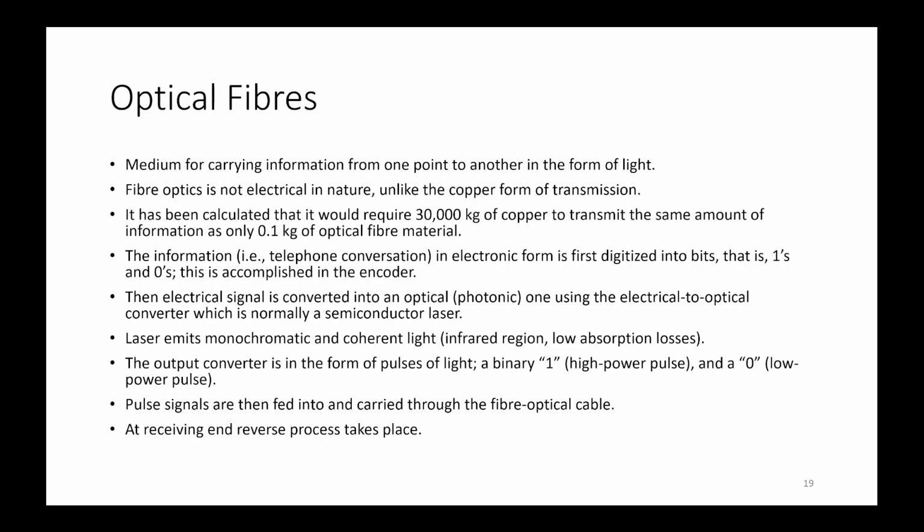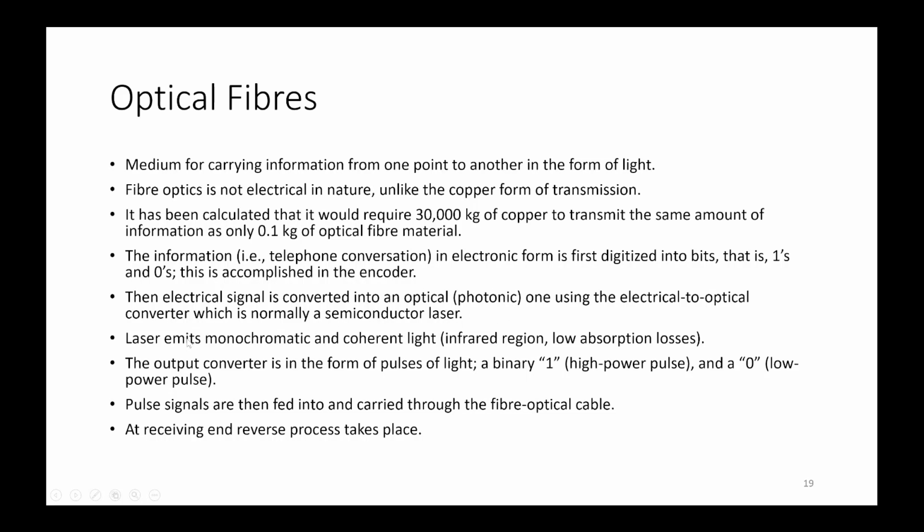Now the information, for example a telephone conversation in electronic form, is first digitized into bits, ones and zeros. This is accomplished in the encoder. Then the electrical signal is converted into an optical photonic one using the electrical to optical converter, which is normally a semiconductor laser.